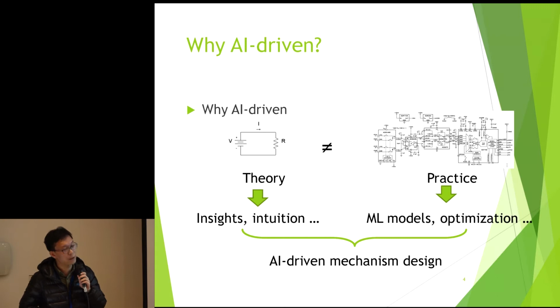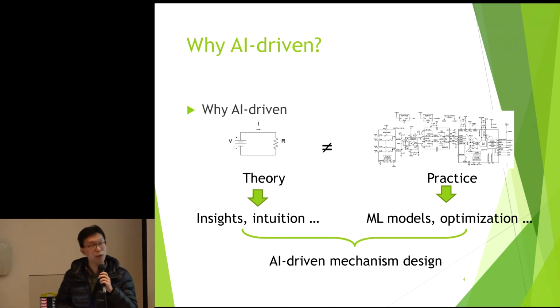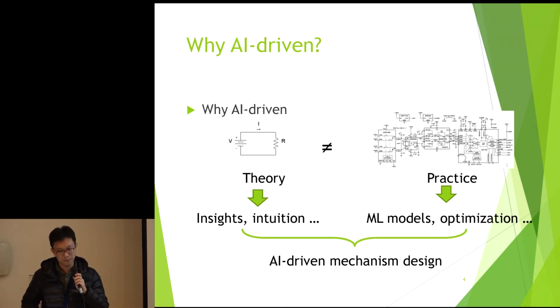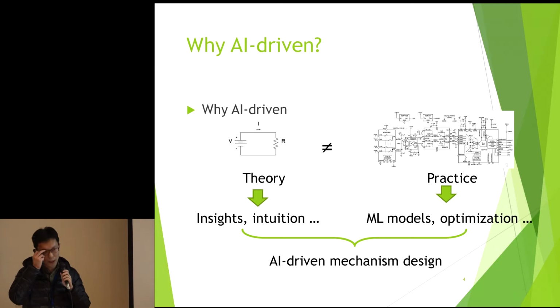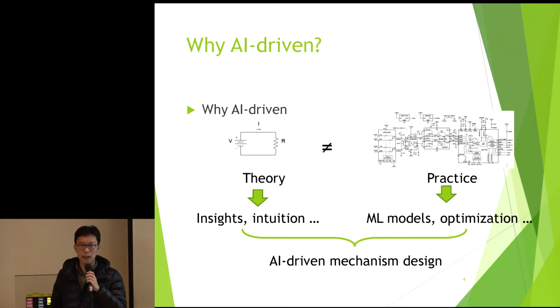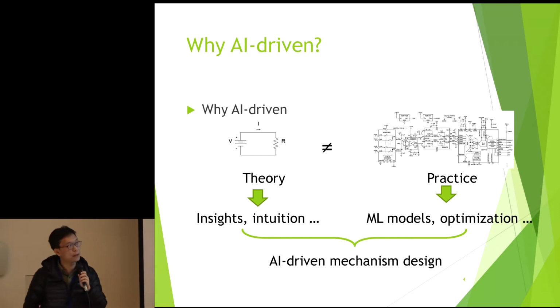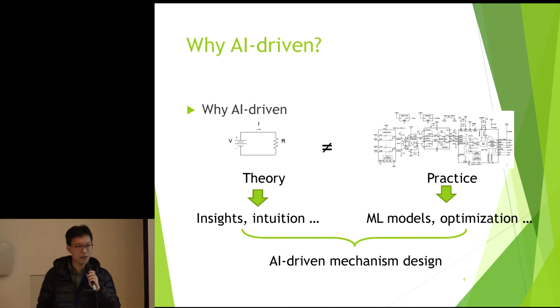Okay, we have good reasons to study mechanism design, but why do we need AI-driven? Standard mechanism design theory often makes very strong assumptions, and as a result, it only works in much simplified settings. But in practice, we know that real-world applications can be quite complicated, and the standard mechanism design theory may not apply.